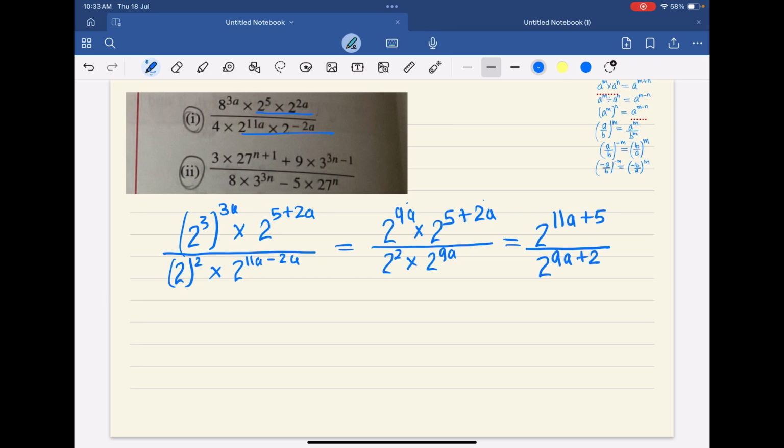Now if you look closely, what we have got is a to the power m divided by a to the power n, which gives us a to the power m minus n. So our m is this and our n is this.